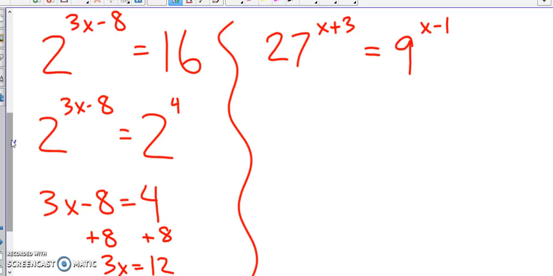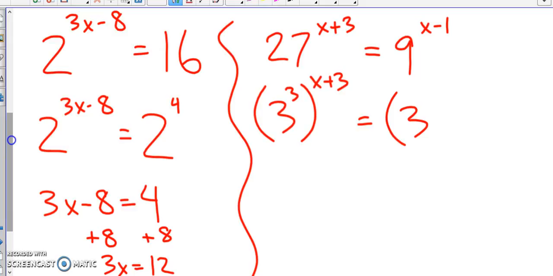27 is not a nice power of 9. However, 27 and 9 are both a power of some other number. 3. So 27 is 3 cubed. And 9 is 3 squared. When you raise a power to a power like that, what happens to the powers?